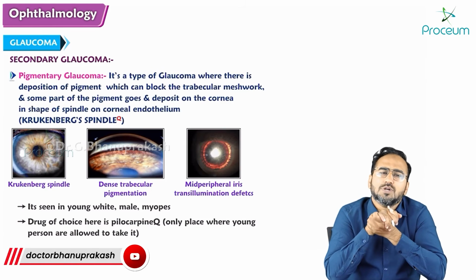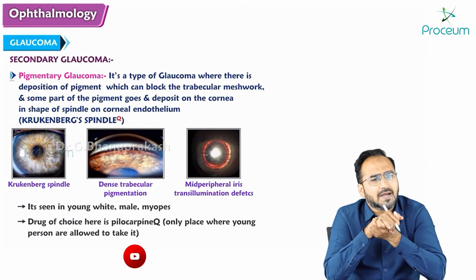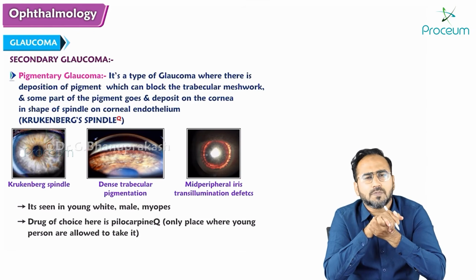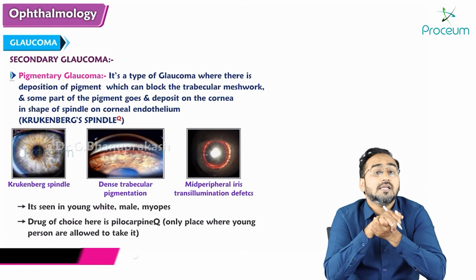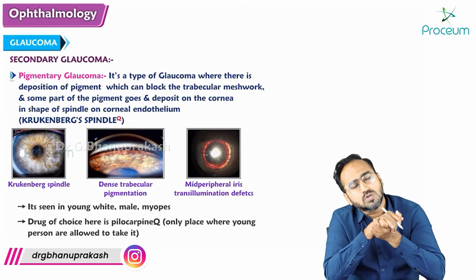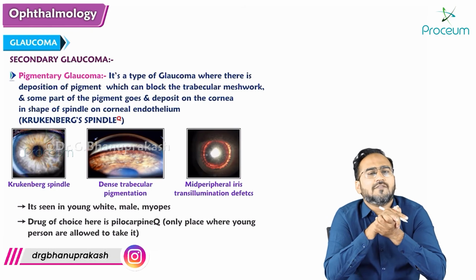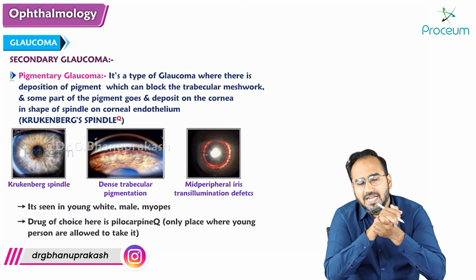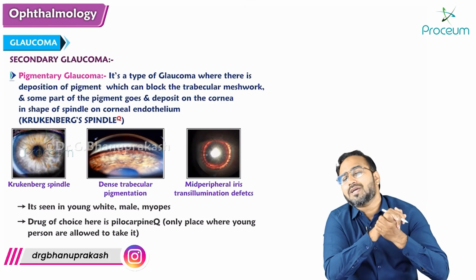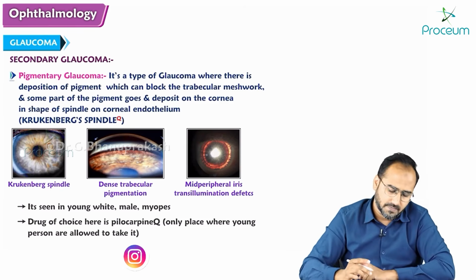Most of the pigment goes into the trabecular meshwork and blocks it, leading to pigmentary or secondary glaucoma. Sometimes that pigment also goes to the back of the cornea and forms a spindle beneath the cornea, which is called Krukenberg spindle. Very, very important.